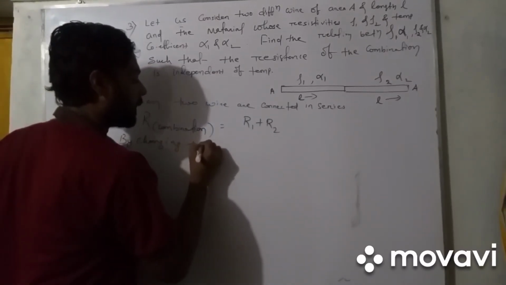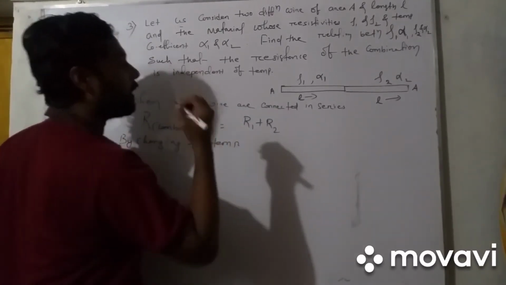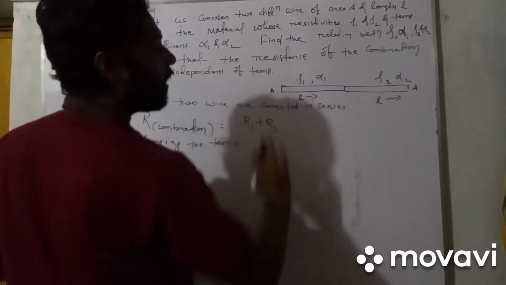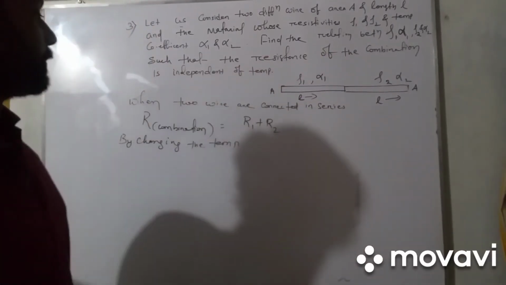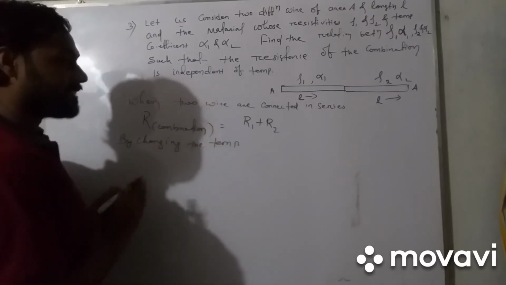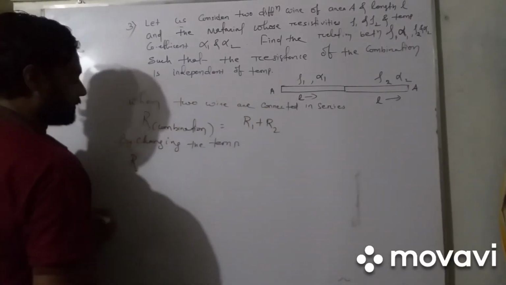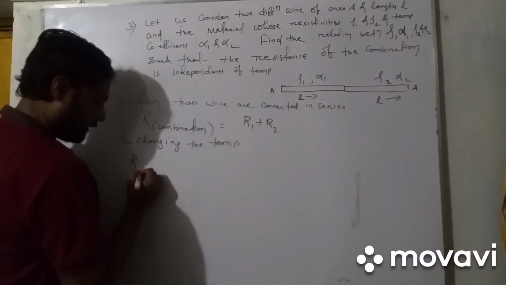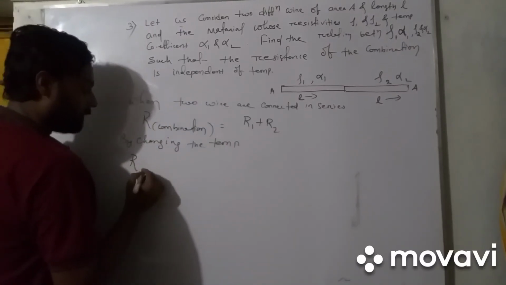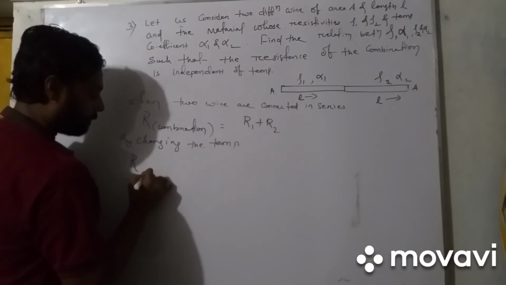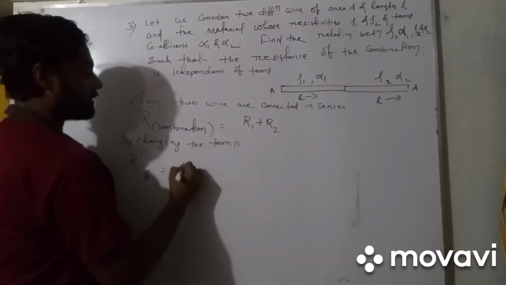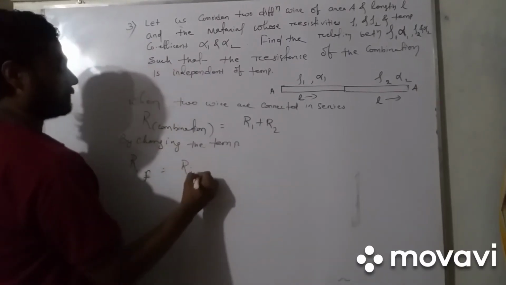By changing the temperature, what will happen? The resistance becomes unaffected. That means it is independent of temperature. Therefore, the resistance in final is equal to the resistance in initial.